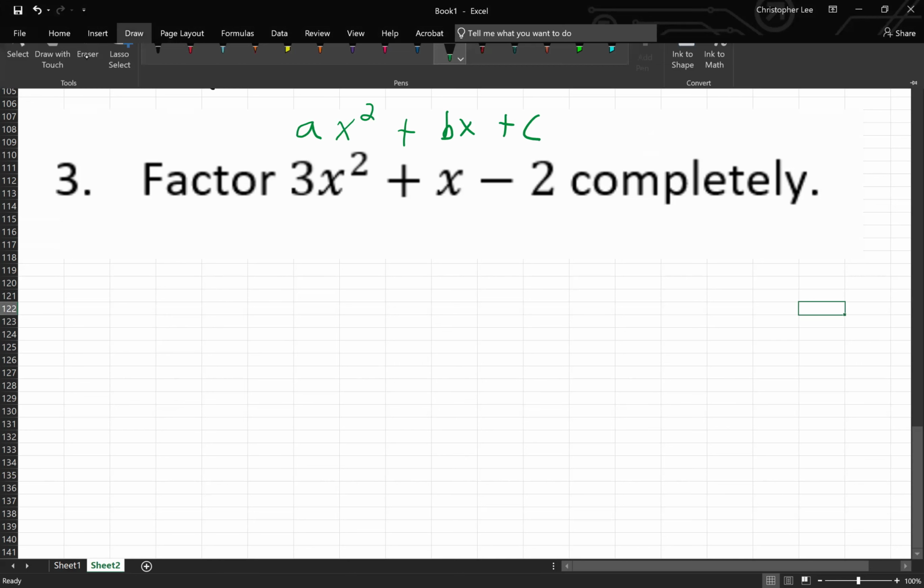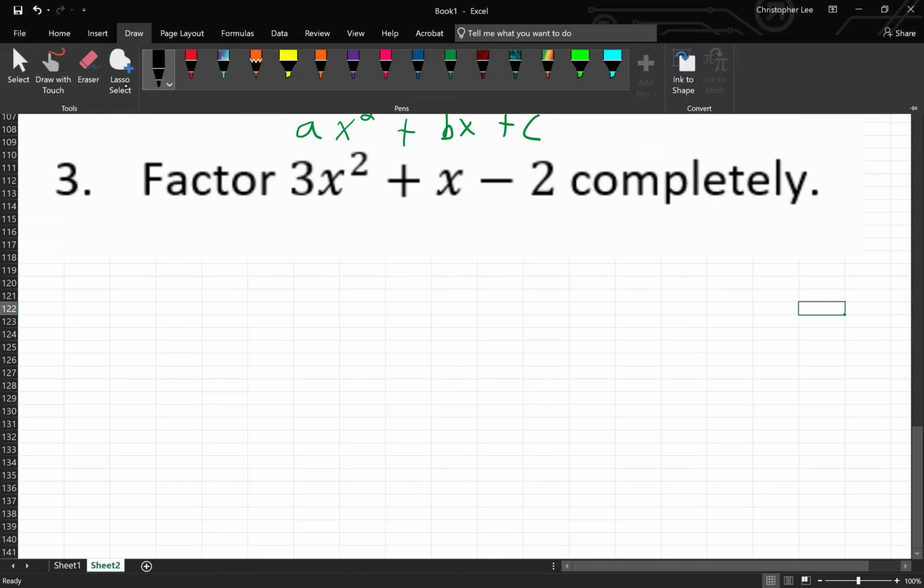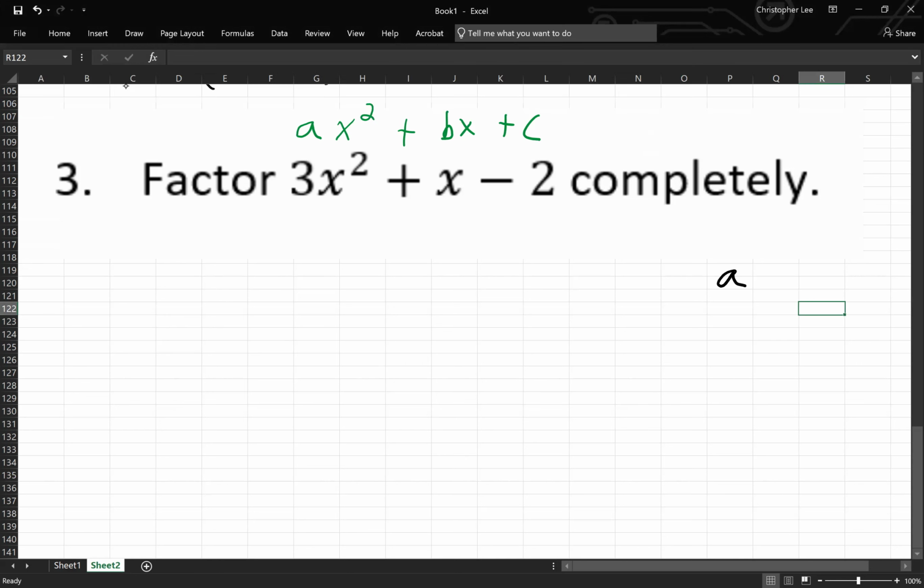Before we try the AC method, what is A? What is B? What is C? Not 3x squared. A is 3, the coefficient in front. What is B? 1. And what is C? Not 2. Negative 2, right?